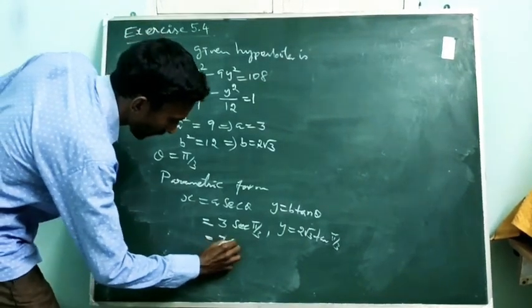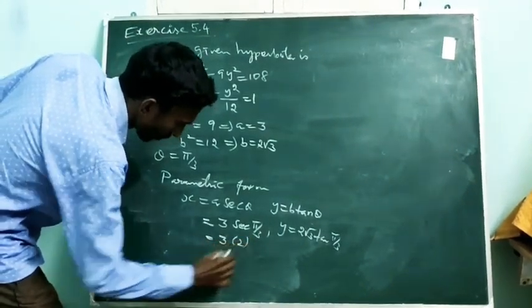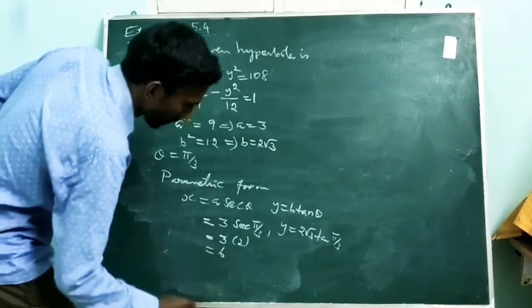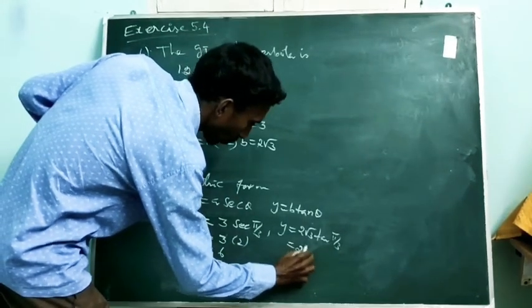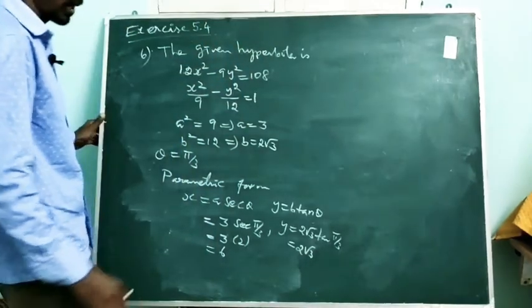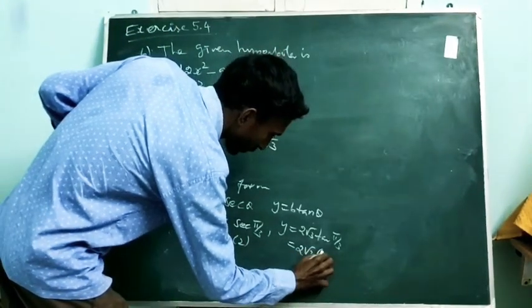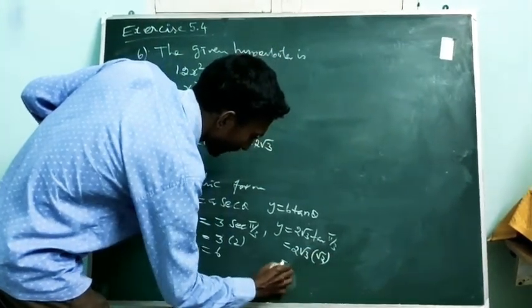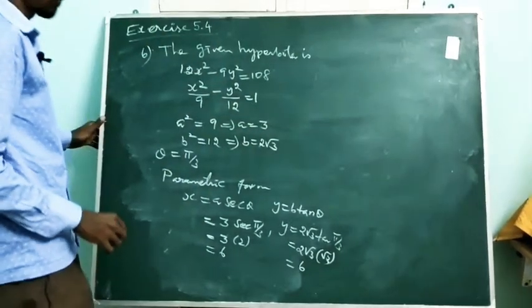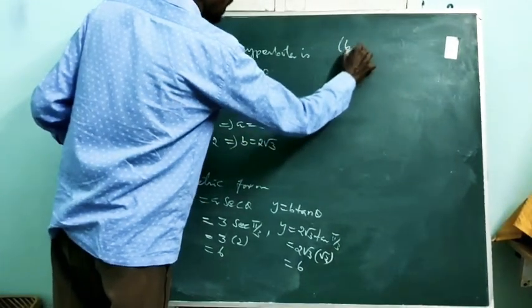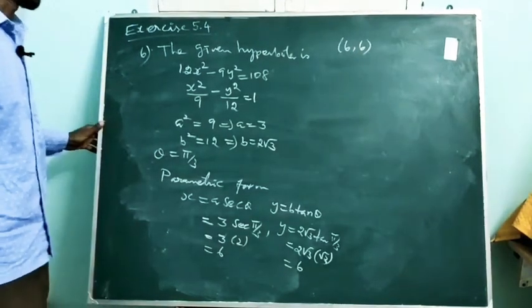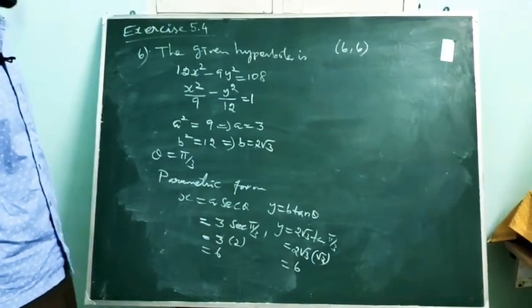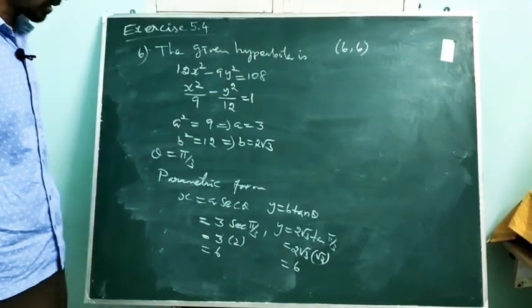So 3 into 2, we are getting 6. Similarly here 2 root 3 into root 3, so it is also 6. So the point is 6 comma 6. That is the point of contact where we have to find the tangent.